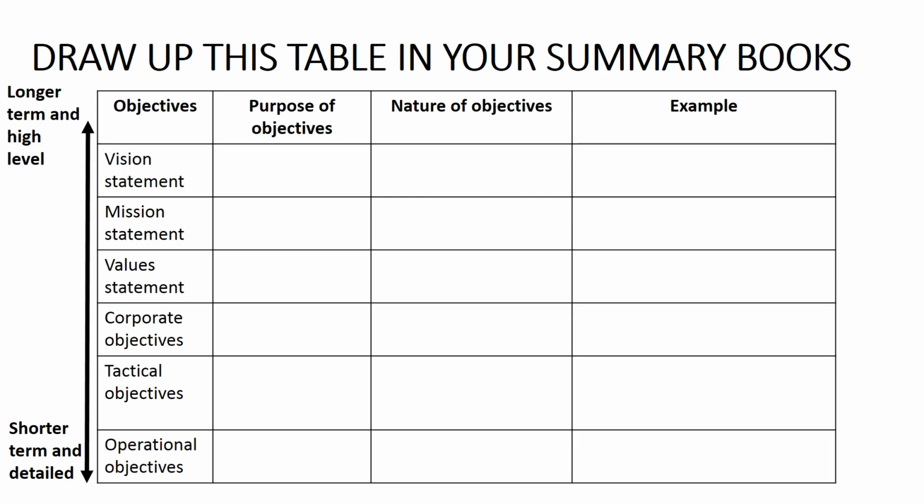You can see that it has 4 columns, and in the left-hand side I have ranked business objectives from those that are the longest term and highest level, which are contained in a business's vision statement, right down to those which are the shortest term and most detailed, which we refer to as operational objectives. In the next slide, we're going to investigate each of these objectives in more detail.